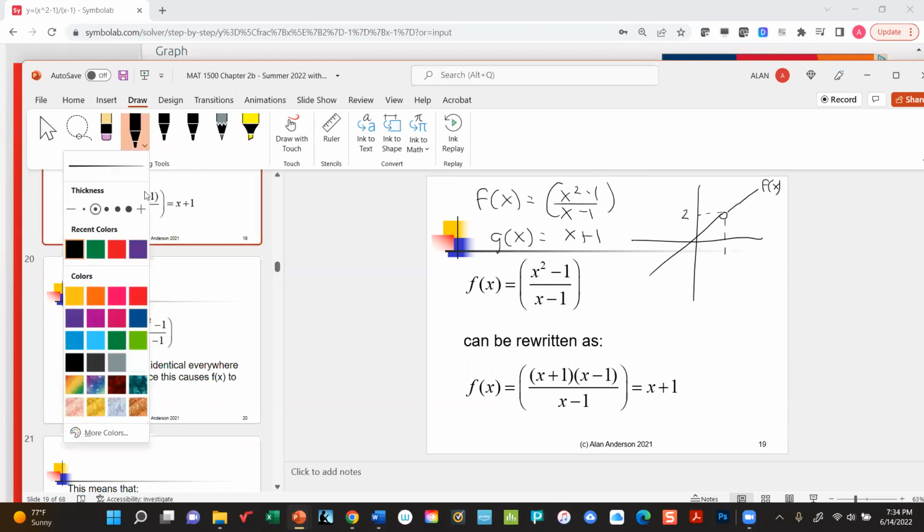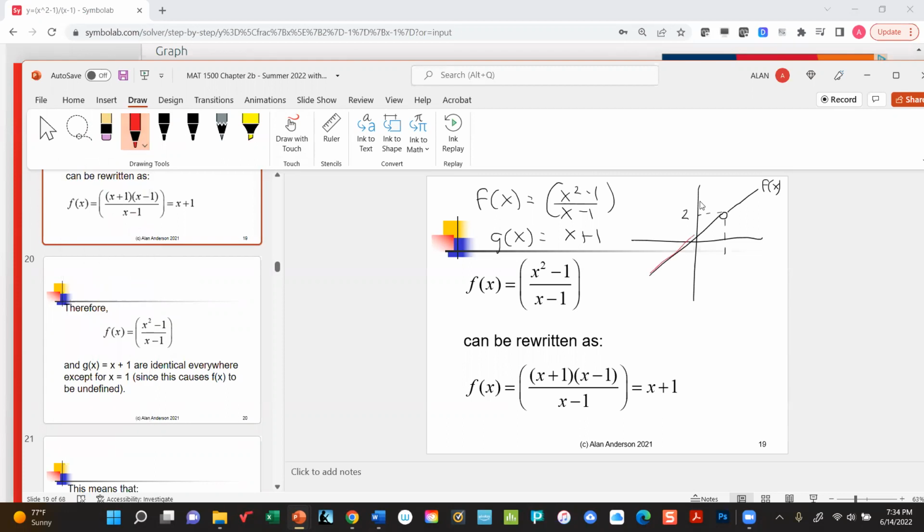What would that look like? Okay, not the best drawing in the world, but you can see it's exactly the same with one major exception. It's defined at x equals 1. So it's the same except g of x does not have the hole.